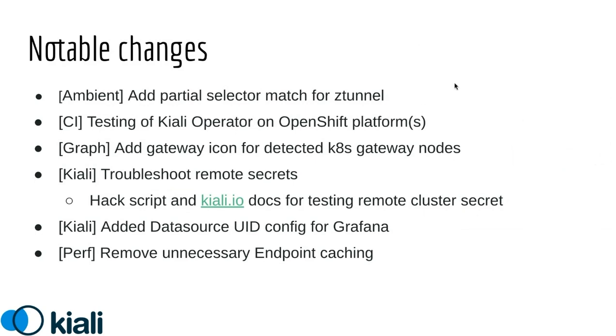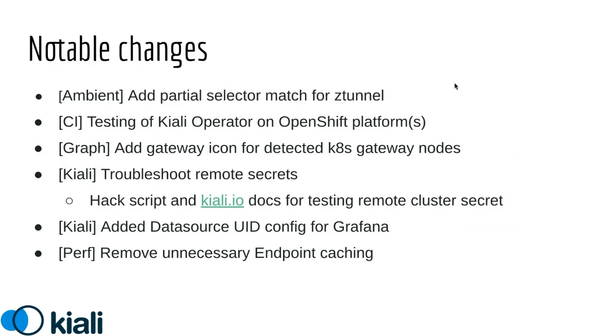So before, to identify Kiali ambient, it was looking for any selector that was app equals ztunnel as a daemon set. So it looks in different namespaces, but specifically for this selector. This is what is created for ambient by default.